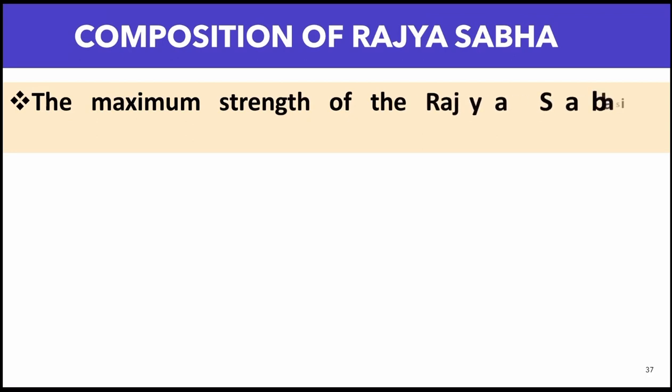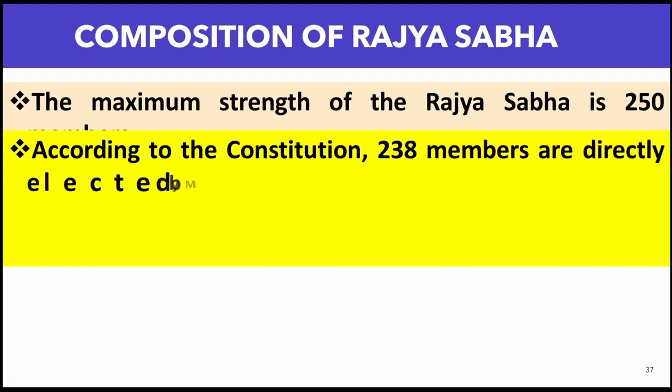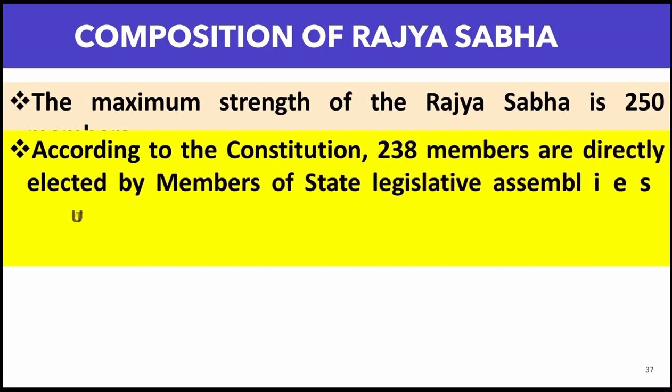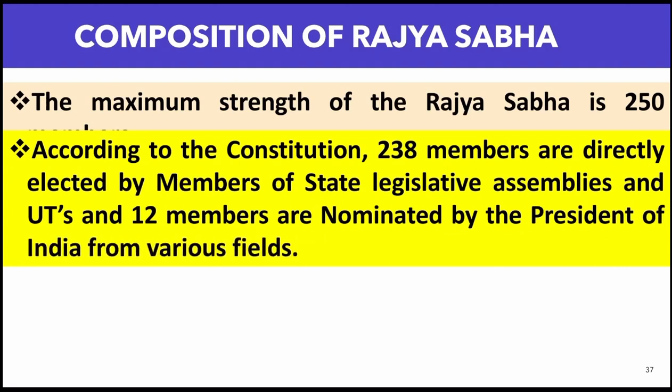The maximum strength of the Rajya Sabha is 250 members, whereas according to the constitution, 238 members are indirectly elected by the members of state legislative assemblies and UTs, and 12 members are nominated by the president from various fields of India.